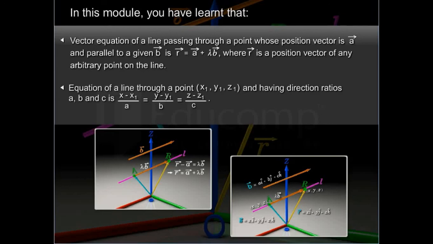The equation of a line through a point x1, y1, z1 and having direction ratios a, b and c is x minus x1 upon a is equal to y minus y1 upon b is equal to z minus z1 upon c.